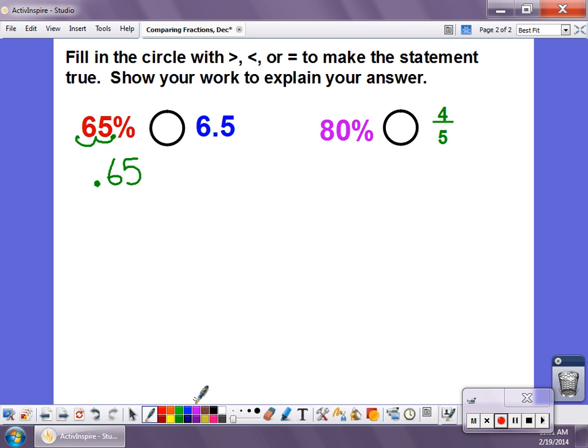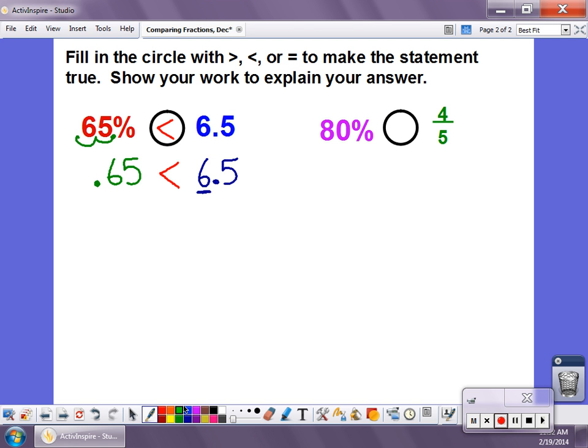Well, I know this is already a decimal, so I'm comparing 65 hundredths to 6 5/10. Since this number here has a whole number, 6 wholes is much bigger than what I have here, so I know that that is the greater number. So my greater than, less than, or equal to sign would go this way. 65% is less than 6 5/10.